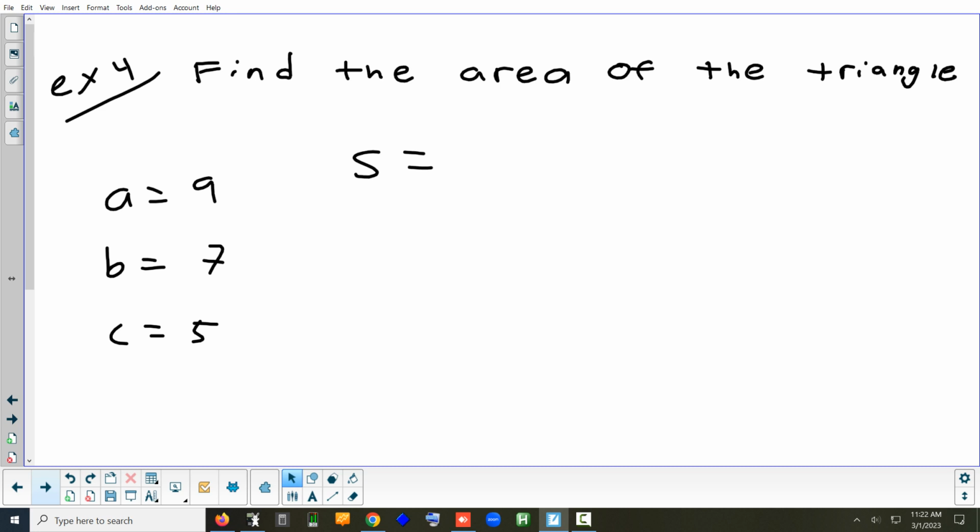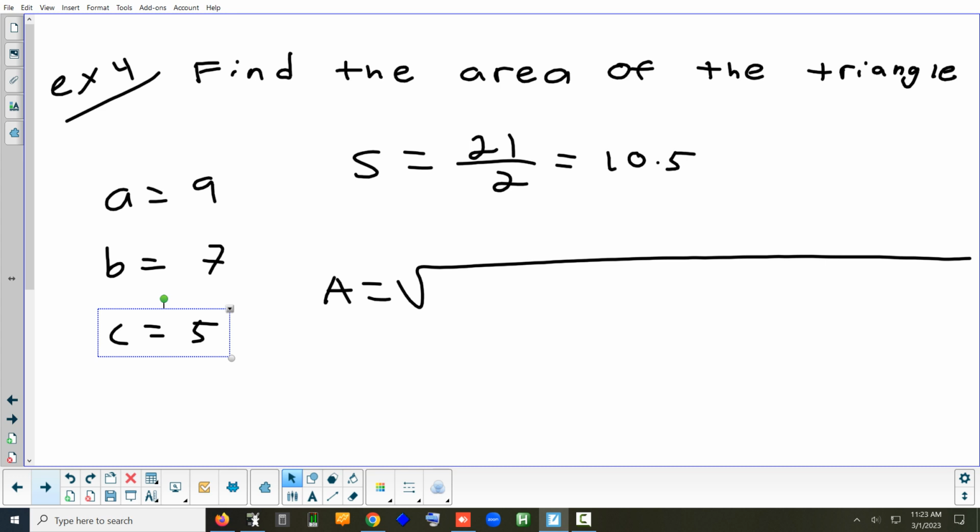So let's add these up. 9 plus 7 gives me, and 16 plus 5, what is it? 21. So my semi-perimeter, let's just write that as a decimal. 10.5. That's all we have to calculate for variables to use the formula.